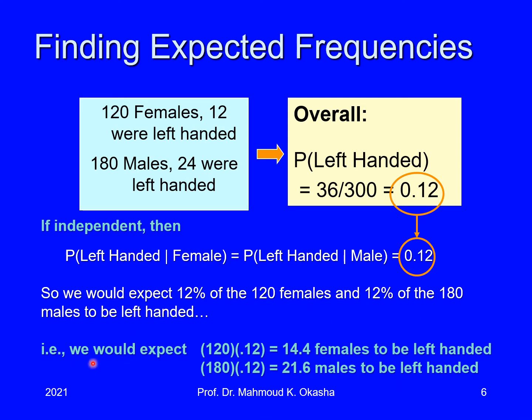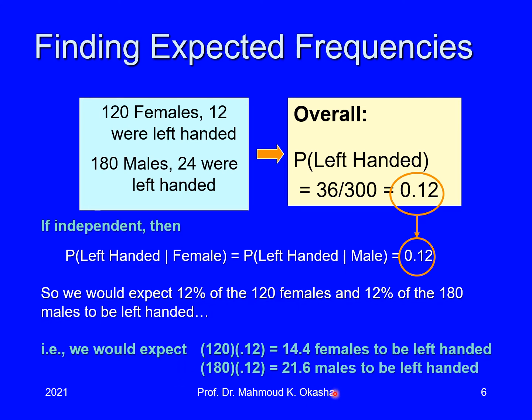So we would expect 12% of 120, that means 14.4 females, which is approximately 14 females to be left-handed. That's the expected value under the null hypothesis. The expected number of females to be left-handed under the null hypothesis is 14.